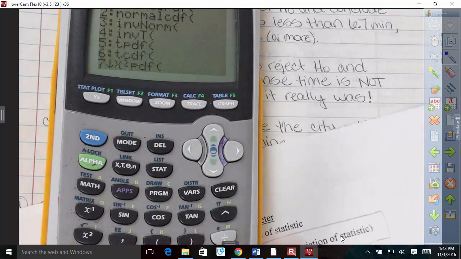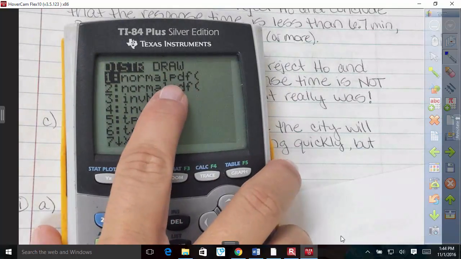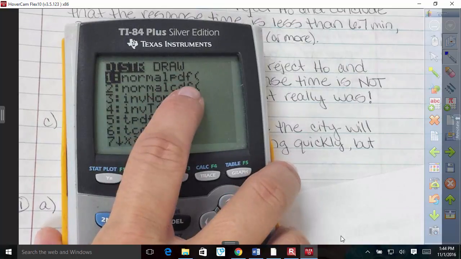Okay, so distribution. We got a whole big list here. Let's decide which one we're using. Number 2 is correct. Hey, y'all, never ever in this class will you ever use number 1, PDF.